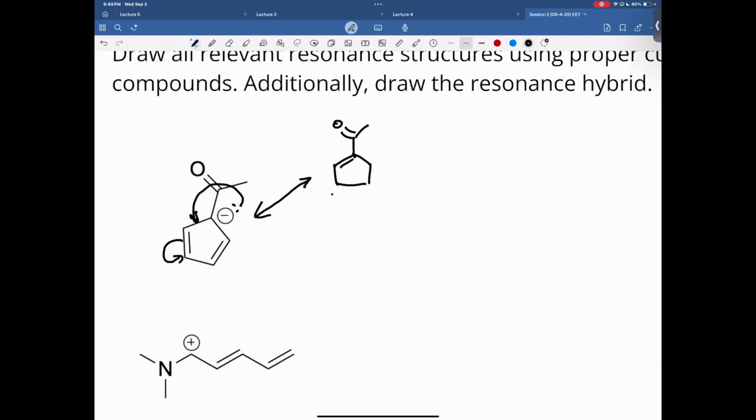And then the negative charge would then be on this carbanion. Missing a pi bond, oh yeah, and this pi bond here. And then we can actually continue this throughout the entire ring. We can take these electrons and make this into a pi bond, take this pi bond, and make it into a lone pair.